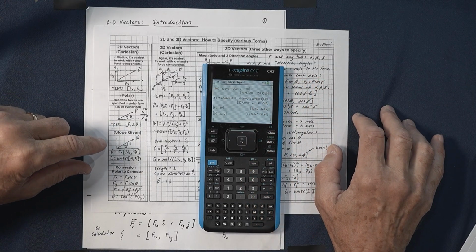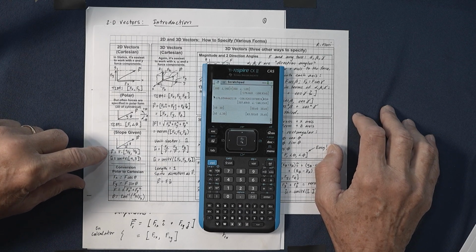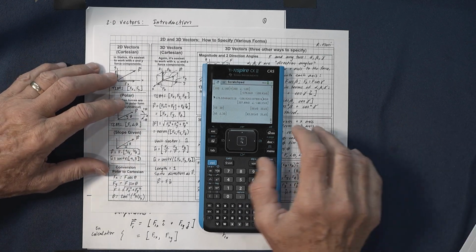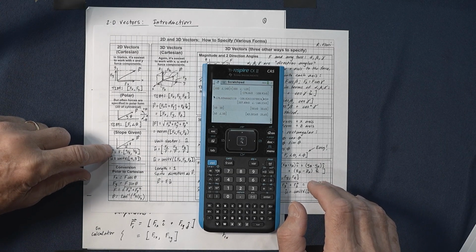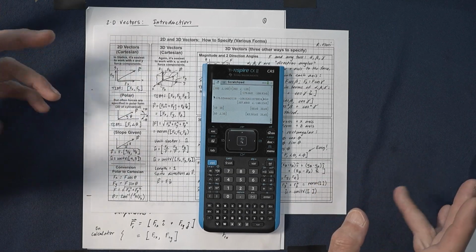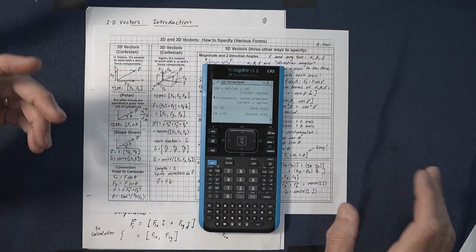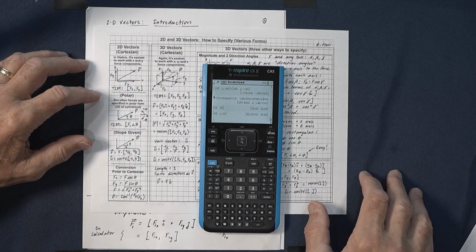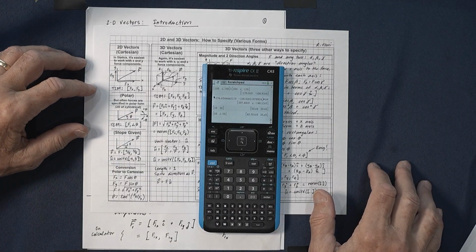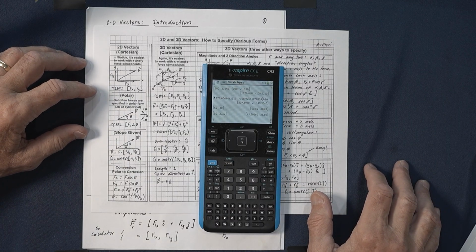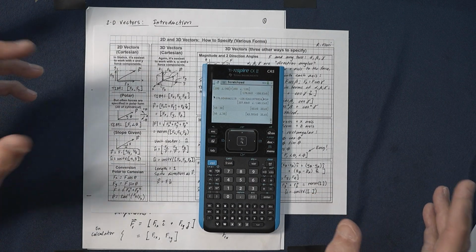So that's polar. Slope given. Sometimes it's not uncommon to get a vector given along a slope. In a lot of construction jobs or highway jobs, they'll talk about a rise over run, like a 5-7 pitch, or a 20% grade.